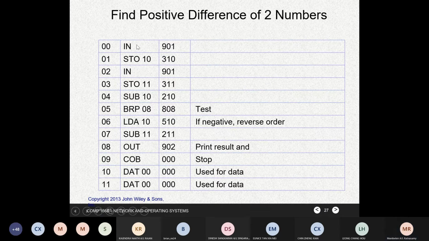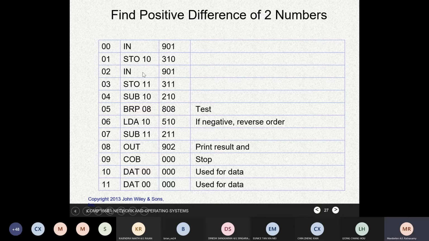Okay. What do you understand from this? This is a mailbox. You see, mailbox is very easy. 0, 1, right up to 11, because there are 11 instructions. This is your mnemonic, this is your code. Input first number, store the first number in mailbox 10. You see, this is the first number.